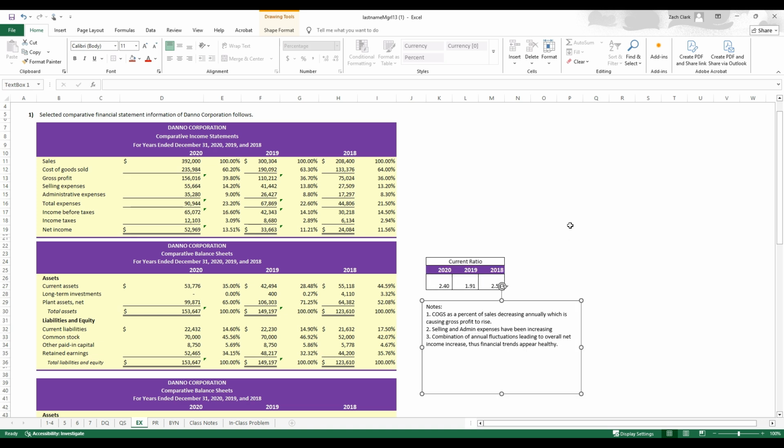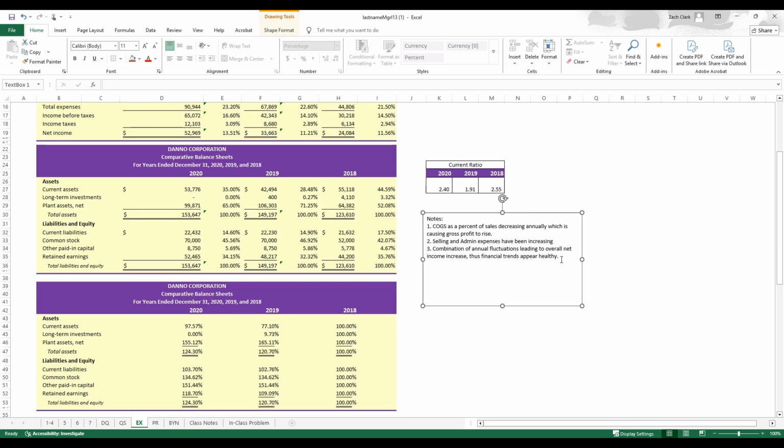let's come down here to the balance sheet. So as far as what we were looking at on the balance sheet, we had plant assets go up quite a bit.